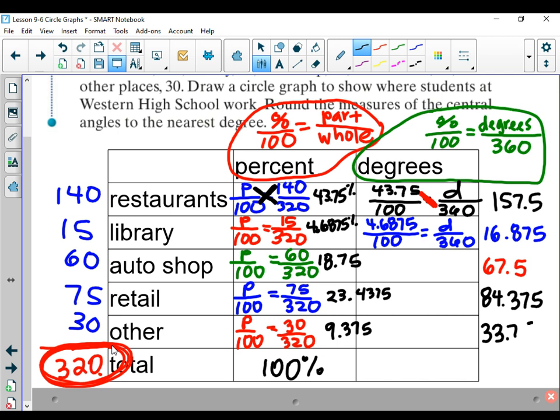When we add them all up, it should equal 360 this time, because we want the whole circle, right? So yes, that's a great way to check. Is it going to be 360 degrees?